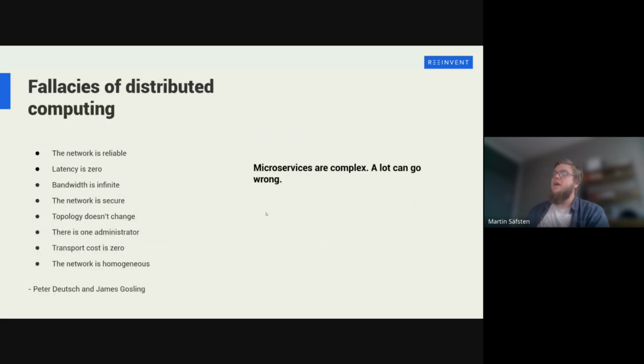I mentioned the networking, that is one of the big drawbacks of microservice architecture. There is a list called the fallacies of distributed computing. It has been around for a while, and this is a list of simple descriptions of why networking is hard.